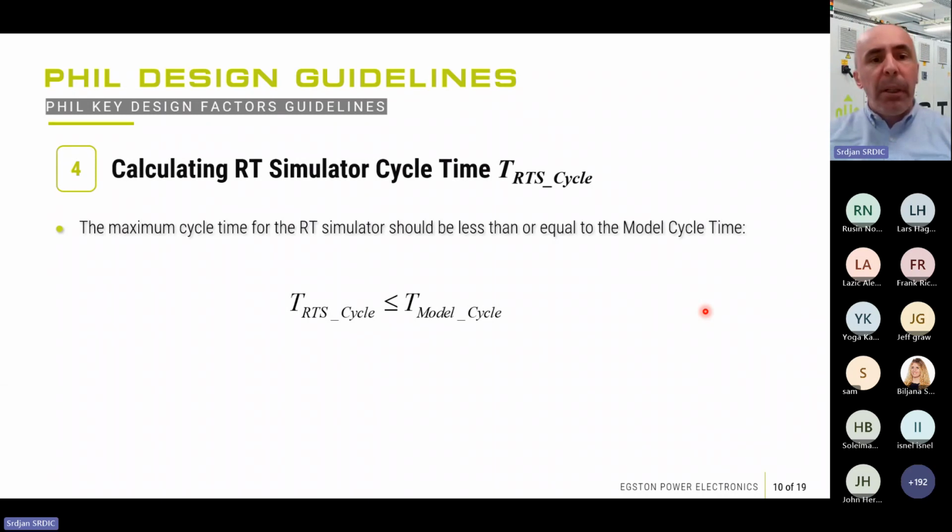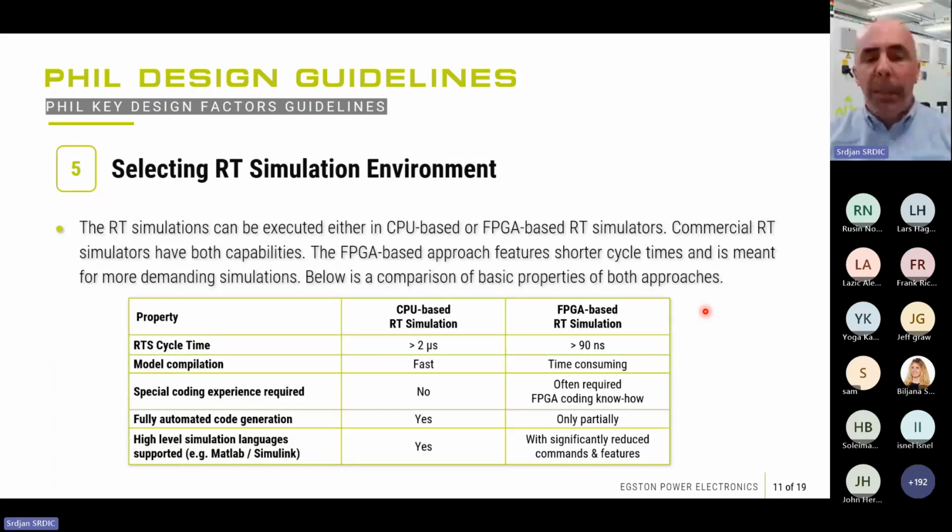Now that you know the cycle time for the real-time simulator, the question is, how do you select the actual real-time simulators? And also, what's out there, what's available? Typically there are two kinds of technologies for real-time simulators. One is CPU-based, and the other one is FPGA-based.